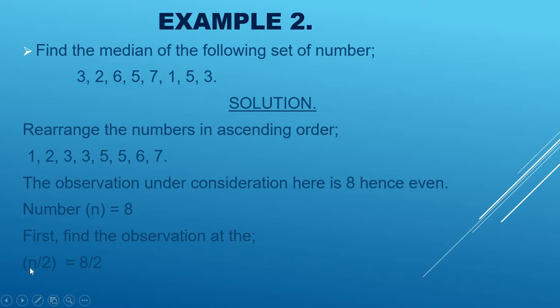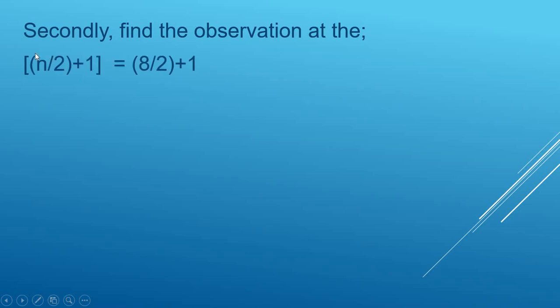So first we'll use the formula n over 2. We know our n to be 8, so we insert it into the formula and get 4. That means the number at the 4th position. So secondly, find the observation at the (n over 2) plus 1 position.